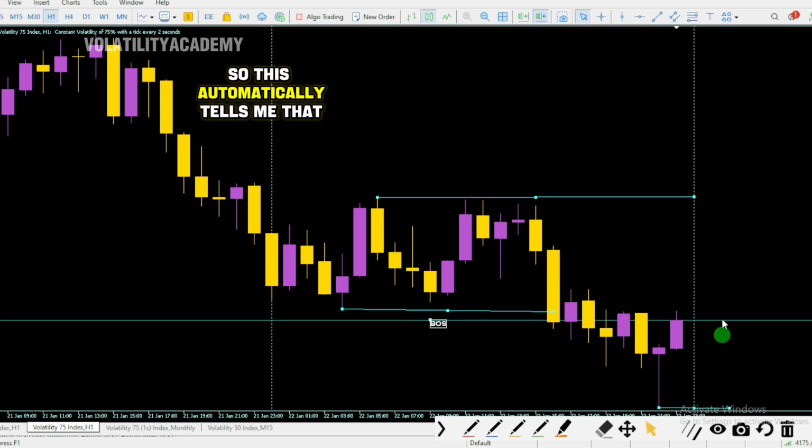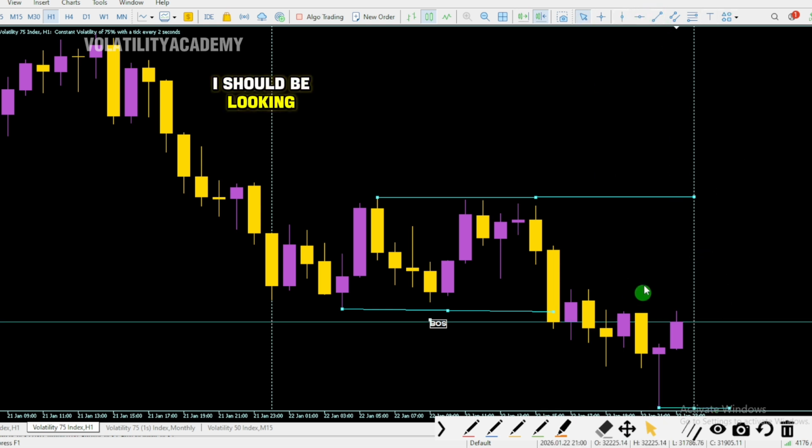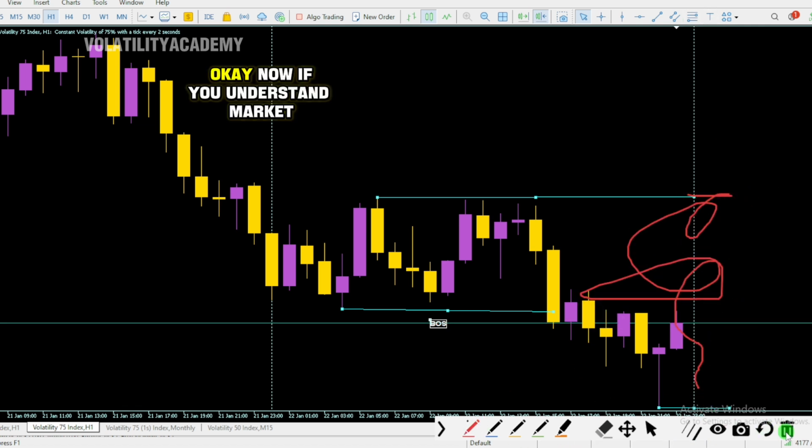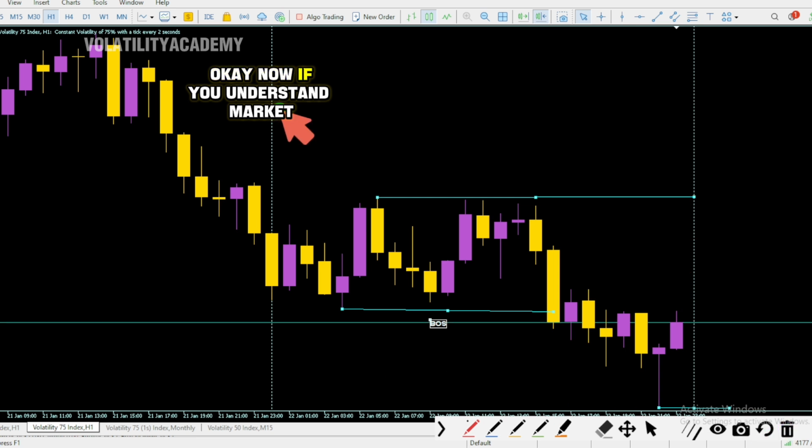So this automatically tells me that I should be looking for sales within this area. Okay, now if you understand market structure, trust me, volatility 75 would be much easier for you.